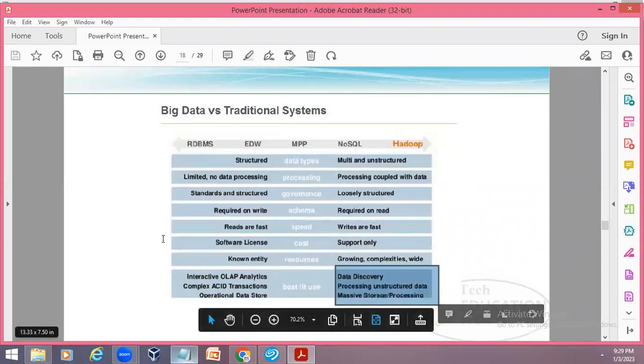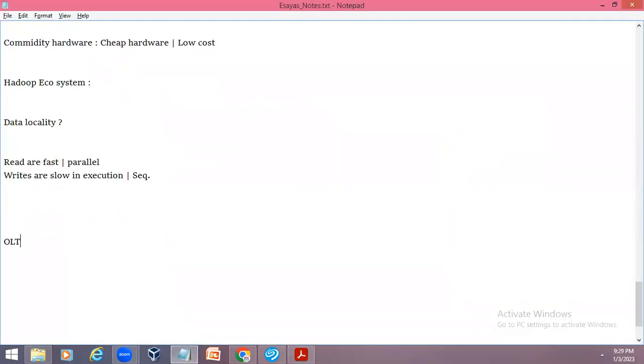I hope you understand what OLAP and OLTP systems are. OLTP is online transactional processing, and OLAP is analytical processing.